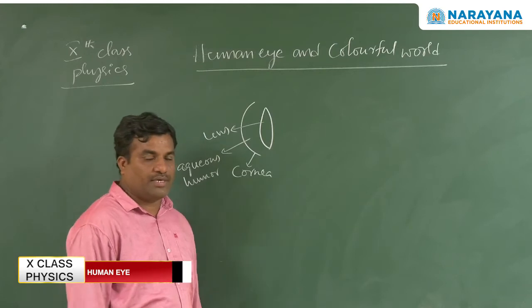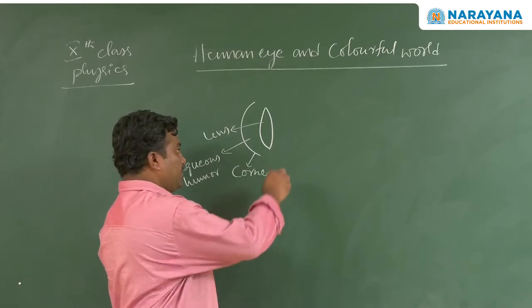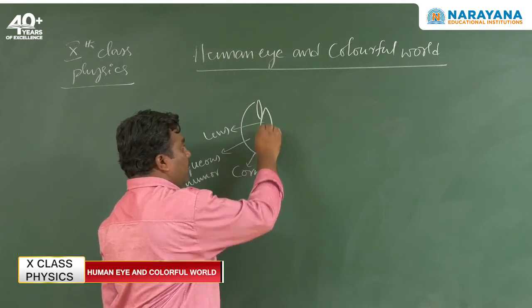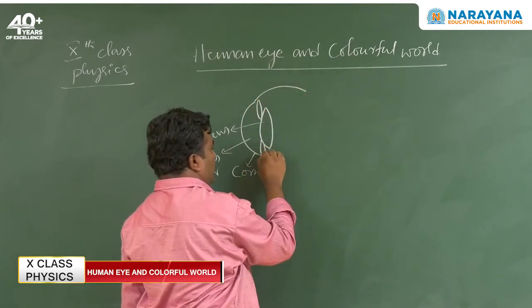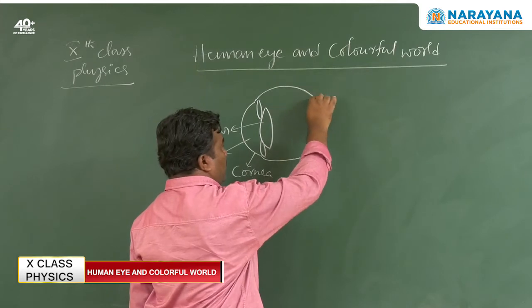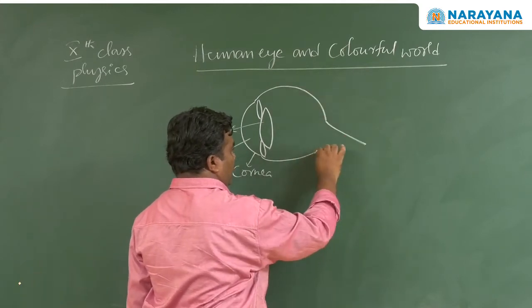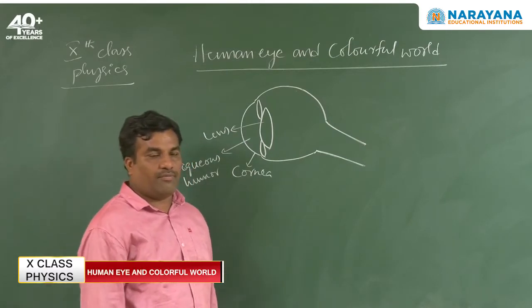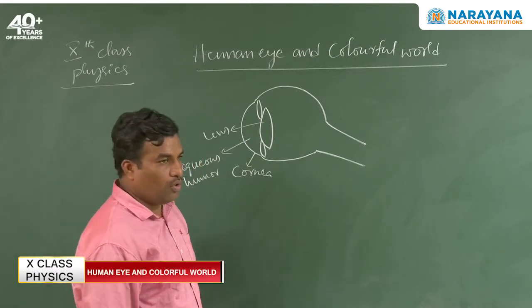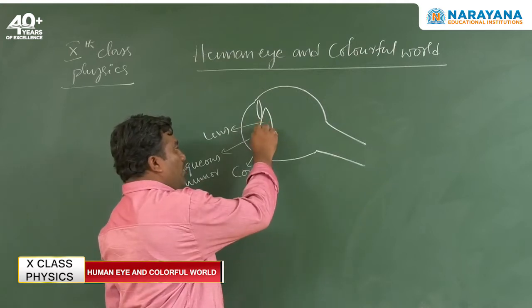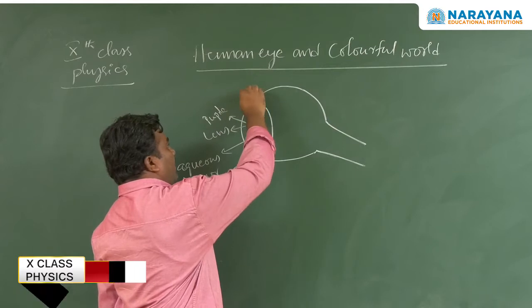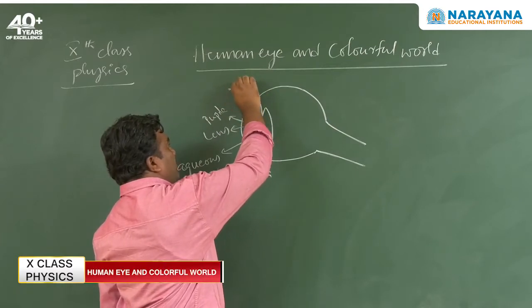That component is the iris. You can observe the iris here. The iris has a hole in the center, and that hole is the pupil. Here we see the pupil and this is the iris.